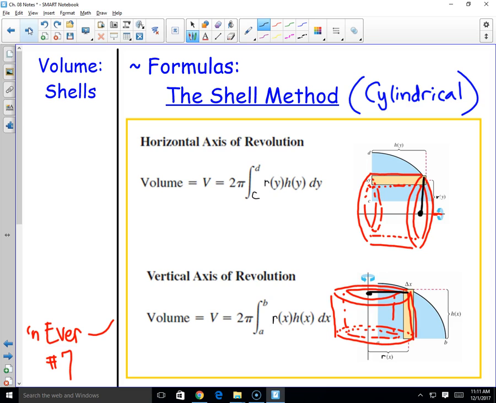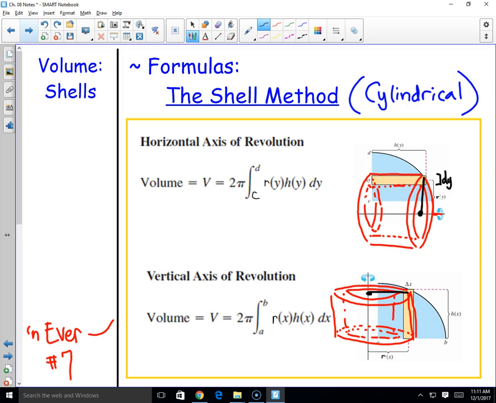Our thickness is going to be dy, right? Our radius is going to be from the axis to the outermost. Ooh, that's the same. From the axis to the outermost, that's going to be our radius, because then as I rotate around, the radius is still top minus bottom. Oh, that's weird.